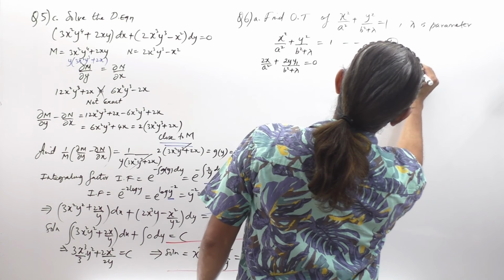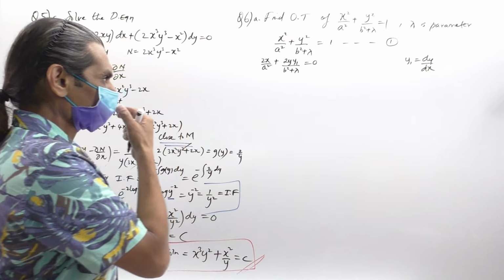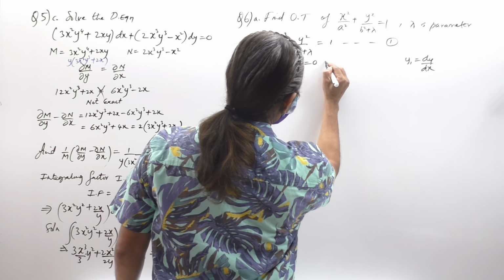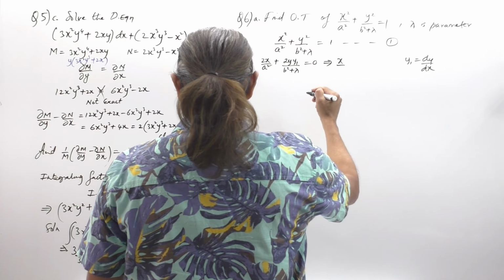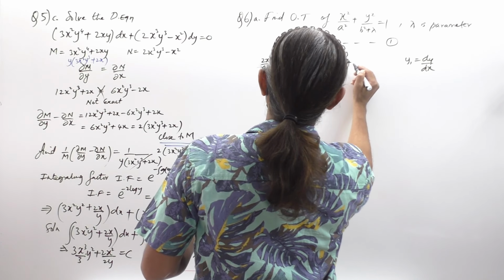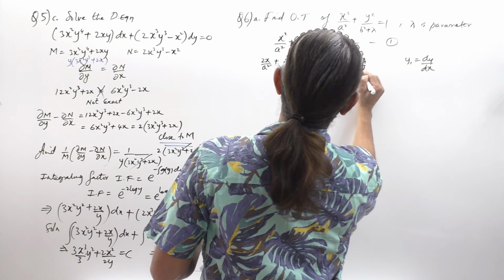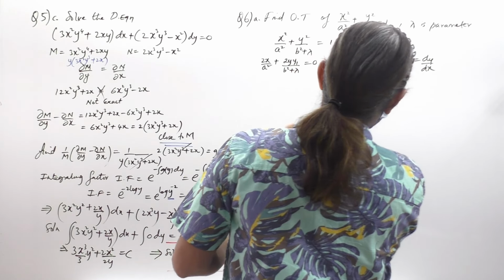Here y1 I take as dy by dx. Simple. Fine. That implies x by a square plus y into y1 by b square plus lambda is equal to 0. This is what we have.